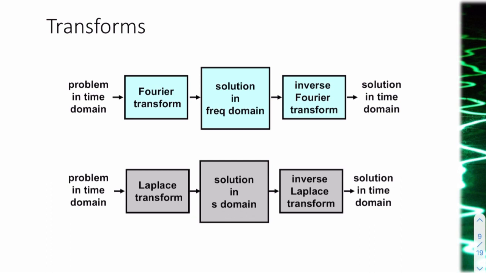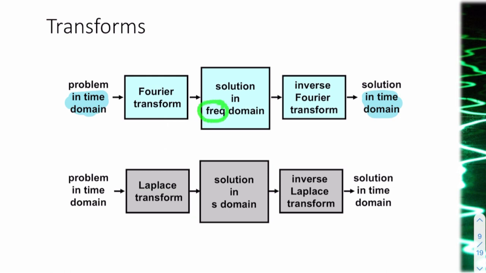so this is really just mirroring what I just said, that we could have a time domain problem that's solved in the time domain by taking it into the frequency domain, and we'd have a Fourier transform and an inverse Fourier transform. Well, today we're going to mirror that using something called the Laplace transform.